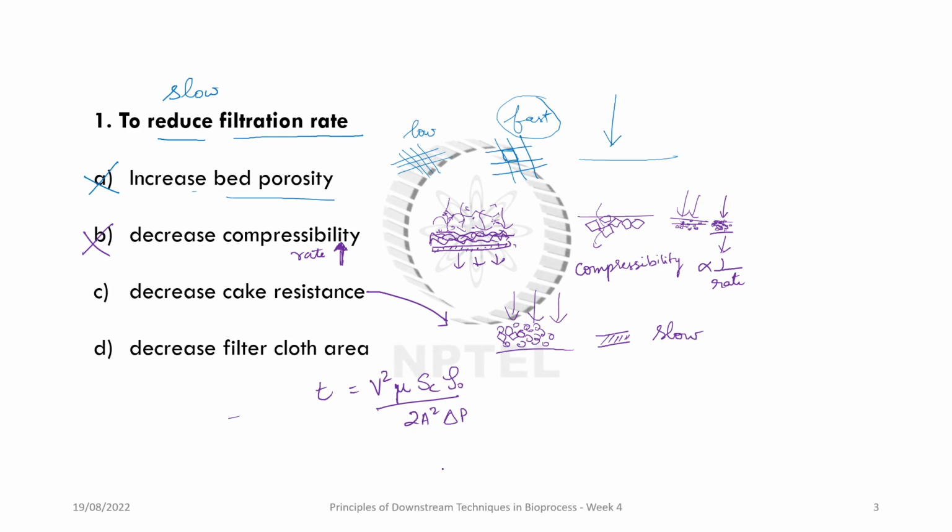So what happens if you decrease the filter cloth area? Since it's the denominator, if you reduce the area, again the time is going to increase, right? So does that slow down? True.